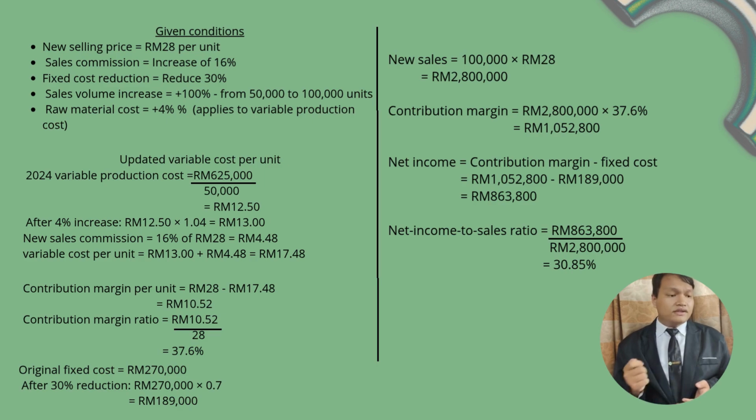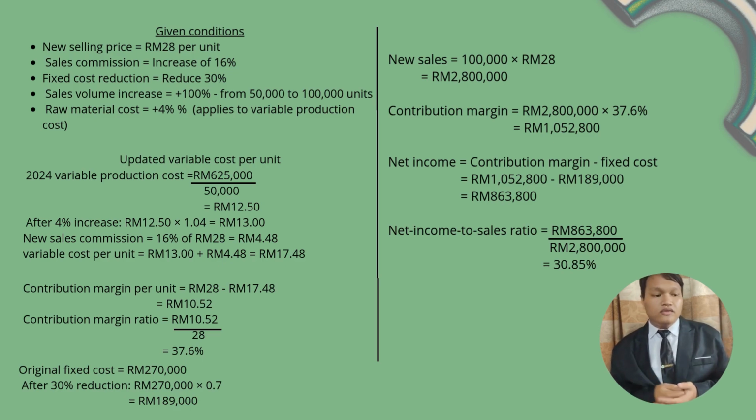How did we find this? First, we need to find the 2024 variable production cost per unit. We divide the variable production cost by the sales units in 2024, which is 50,000, and we get 12 ringgit and 50 cent. After that, we multiply it by the 4% increase, which is 1 ringgit and 4 cent, and we get 13 ringgit.